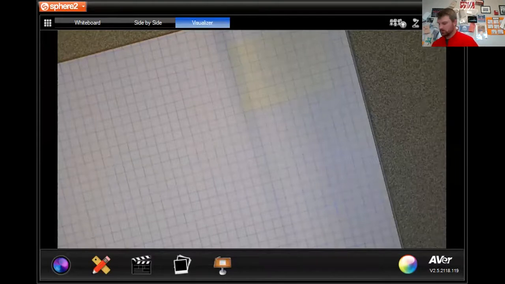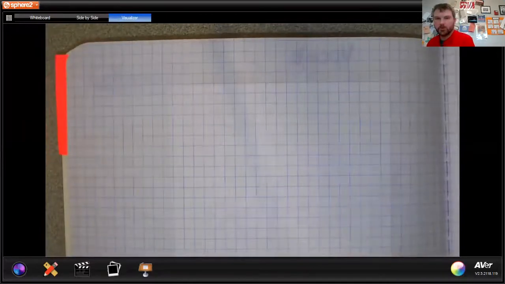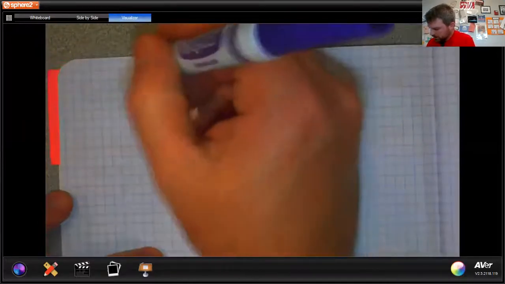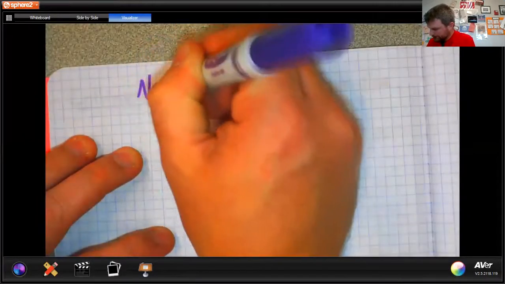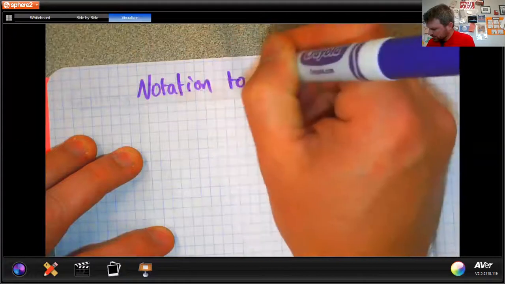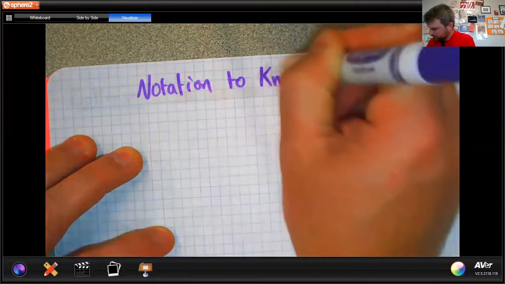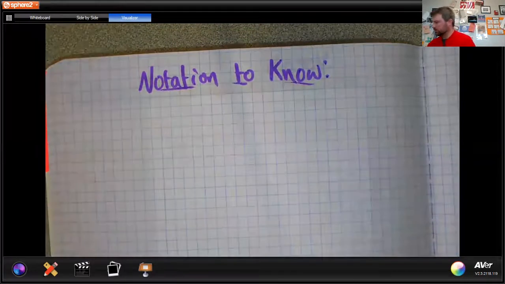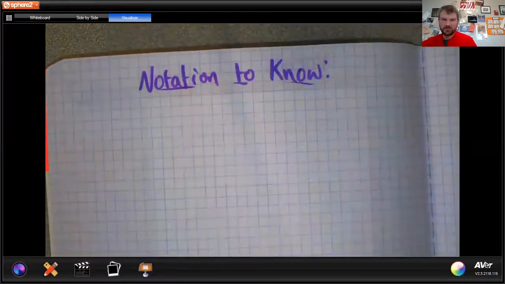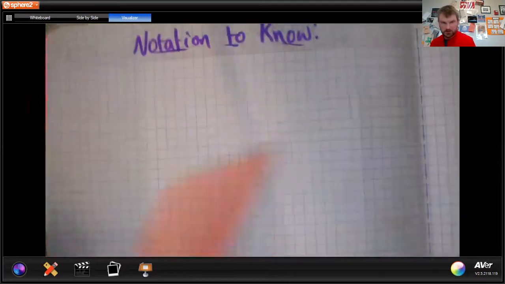Okay, so I'm going to start on page 8. We've looked at some of these before, but we're going to look at notation. These are some geometry specific notation that you're going to need to know.